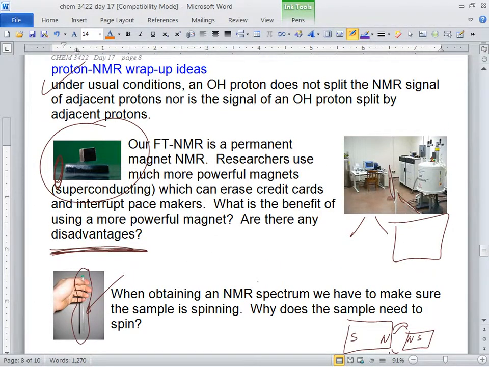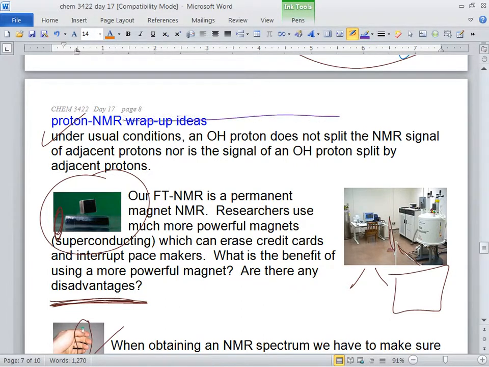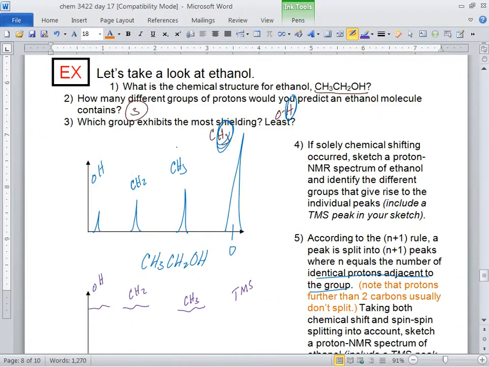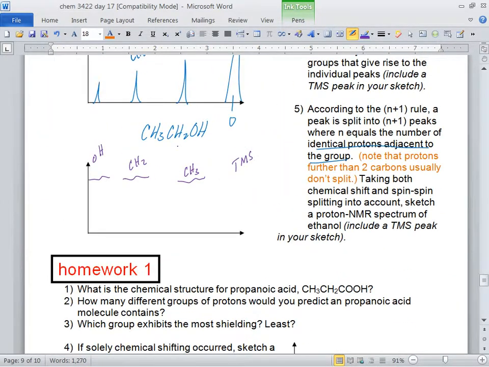We're going to talk about that, but just here. Under usual conditions, OH proton doesn't split the NMR signal of adjacent protons. Nor is the signal of an OH proton split by adjacent protons. Just a general rule. So let's draw this bigger so I can make more sense out of the area, right? 1, 2, 3, 4.